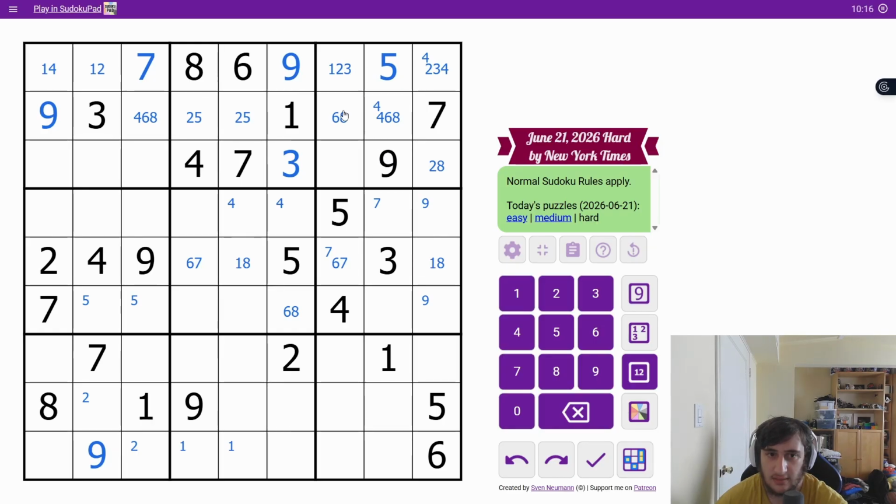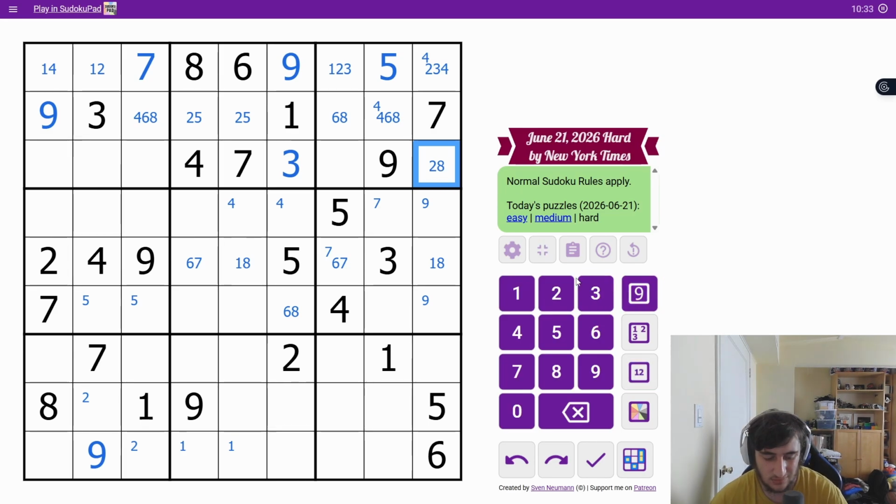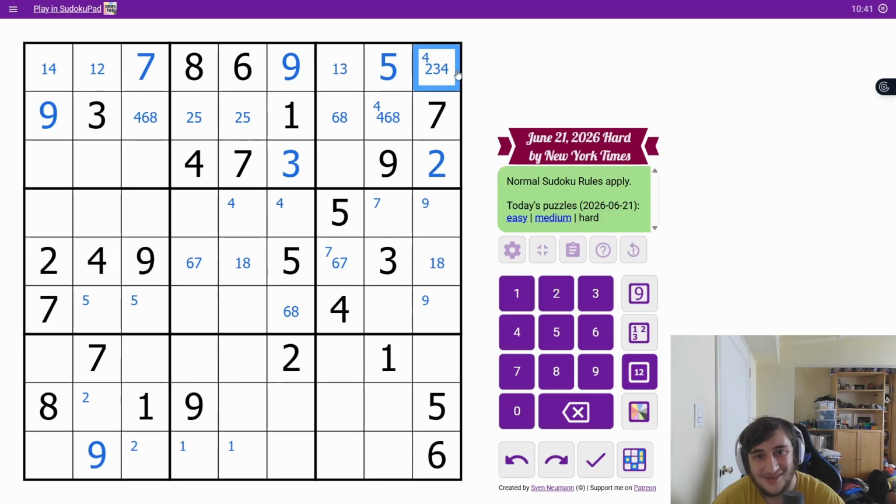So either this is an 8 or this is an 8. But whichever one is the 8, we know that this square cannot be an 8 because it sees both of them. So this cannot be an 8. It has to be a 2. That is interesting. Okay. That's good.